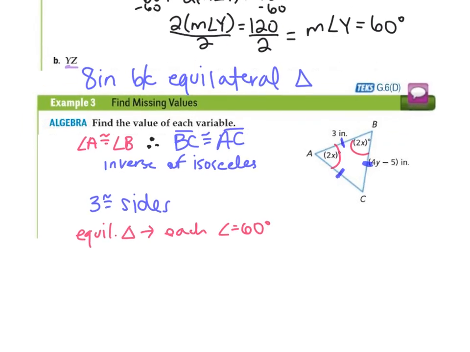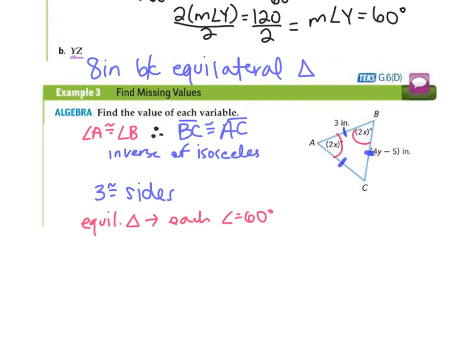Okay, and remember we learned that earlier from our corollaries. So if each angle is 60 degrees, we can say that 2x equals 60. So the 2x I pulled from here. 2x equals 60, right? Which means x is going to equal 30.